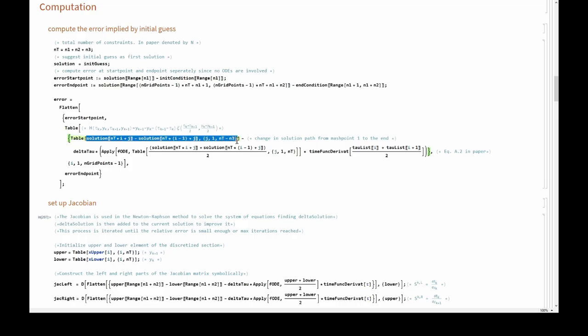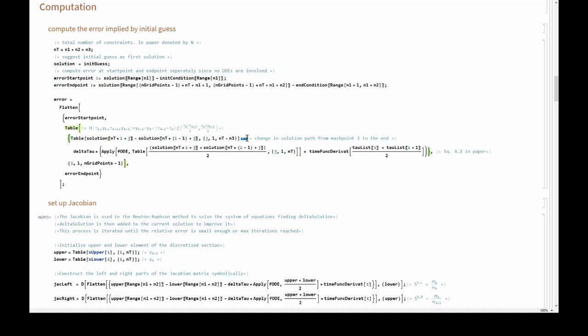It basically compares how much it changed from, let's say, the 5th grid point to the 6th grid point, and from the 10th grid point to the 11th grid point, and computes it. And then we say, how much did our initial guess change? And the second bit is, how did the system change?